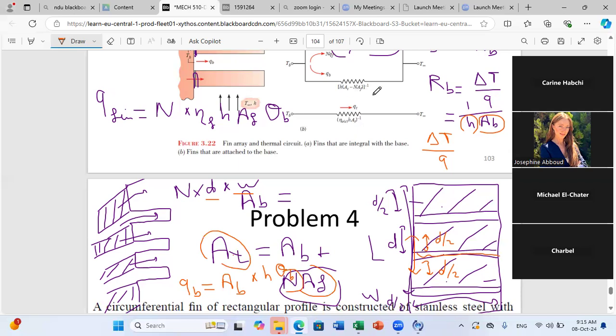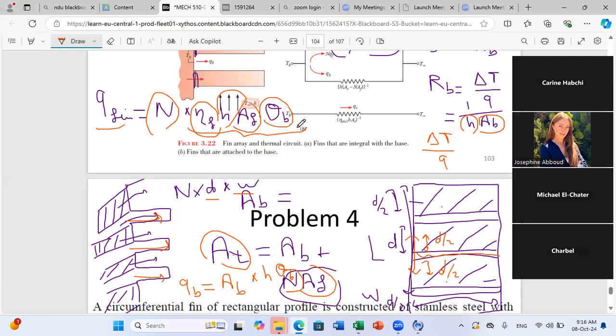Now, what about fins? We said that the heat will be divided into two parts. A part that will go through the uncovered area and a part that will be transferred through fins. So if you have N fins, what will be Q total that will go through fins? It's the number of fins times the heat convected through each fin. How do you calculate the heat convected through each fin? You take the efficiency of the fin times the convective coefficient H times the frontal area of the fin times the maximum possible temperature difference, which is theta at base.